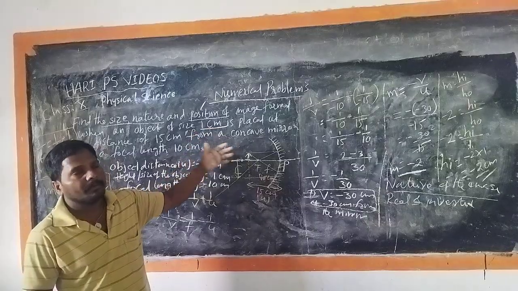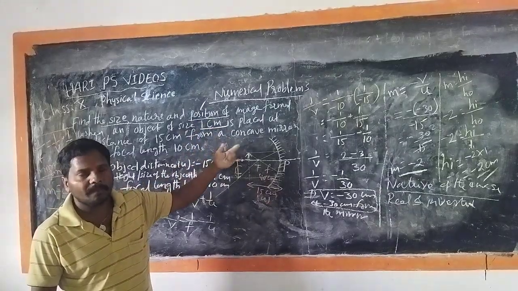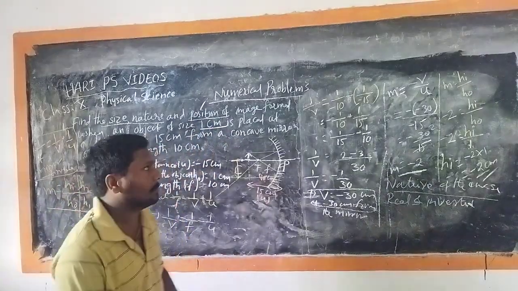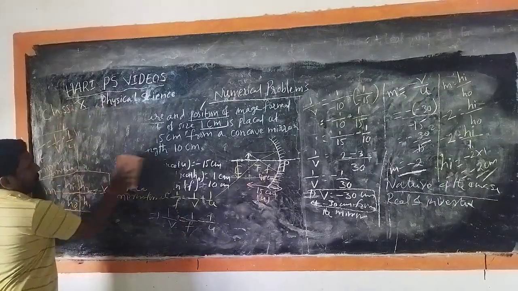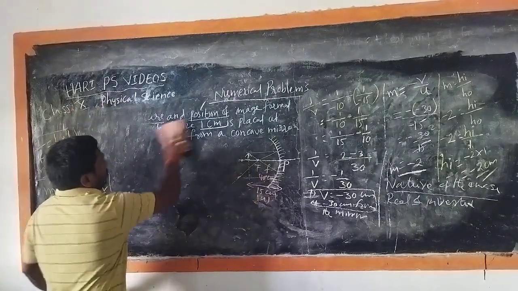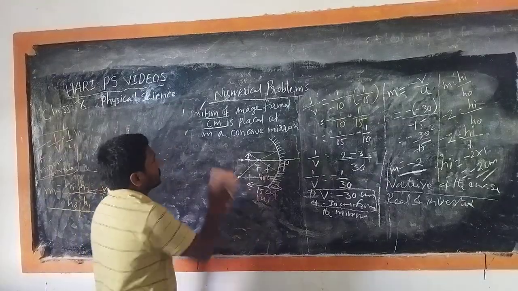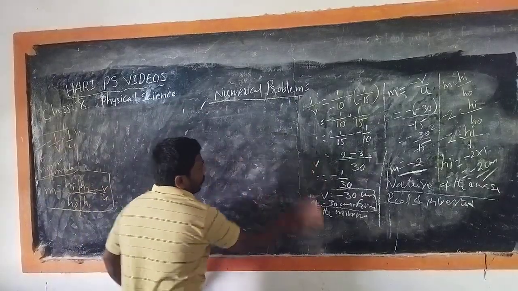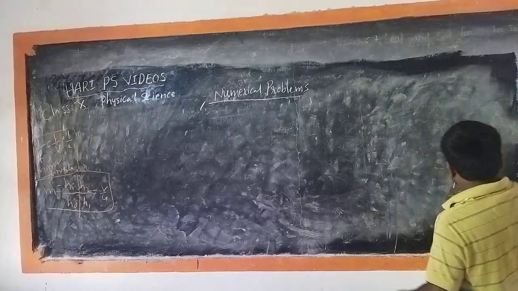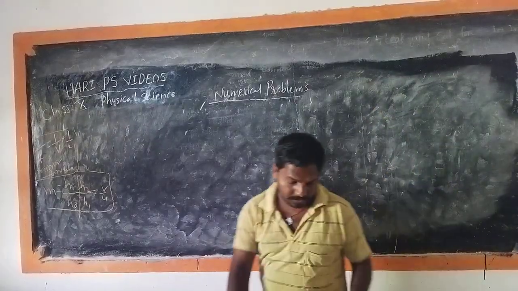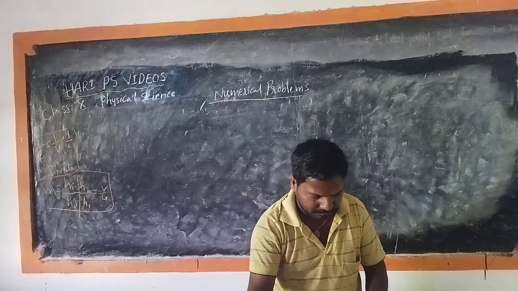Practice by changing the values. This is the first problem, then go for the next problem. Here I did not explain many problems, only one or two. The rest you have to practice. Practice makes perfect. Then go for the second problem.